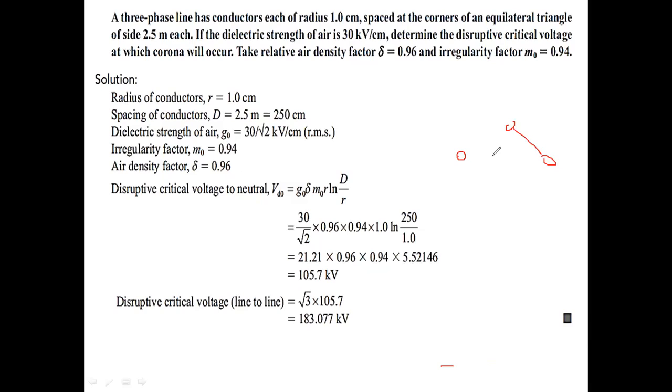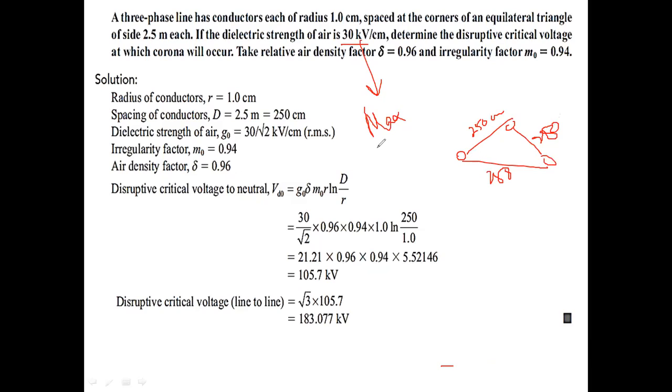Equilateral triangular fashion, so the distance is 250 centimeter: 250, 250, same 250. If the dielectric strength of the air is 30 kV per centimeter, this is the peak value, or you can say the maximum value.